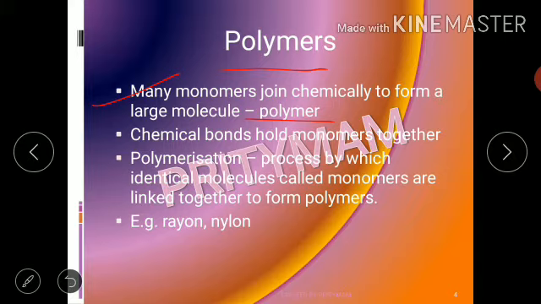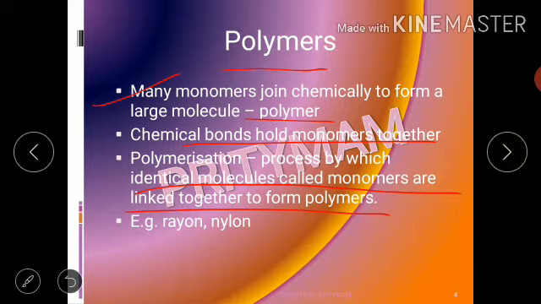A length of string links the flowers in the garland together. Similarly, chemical bonds hold the monomers together. The process by which identical molecules called monomers are linked together to form polymers is called polymerization.